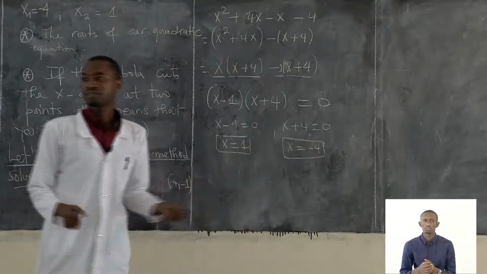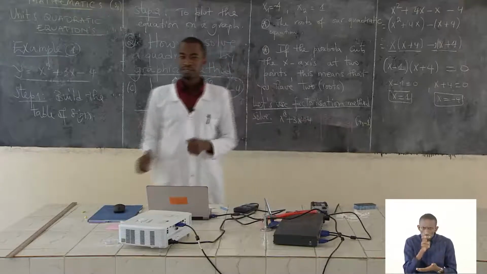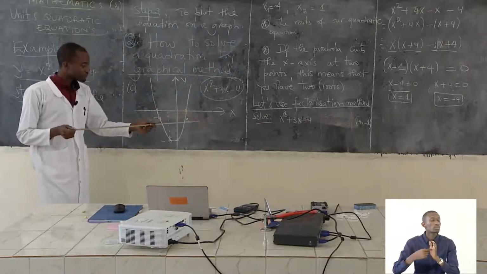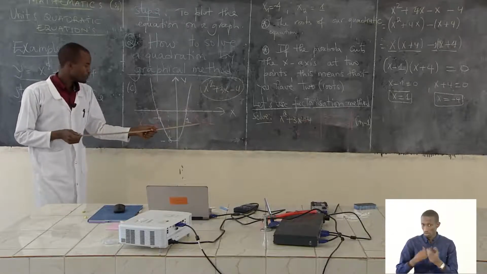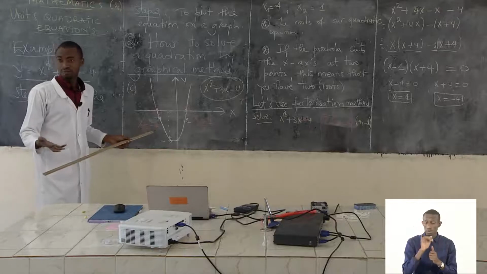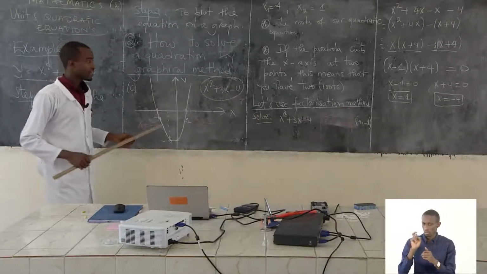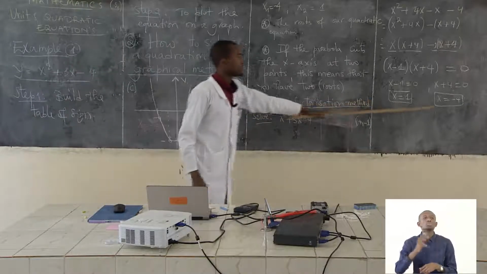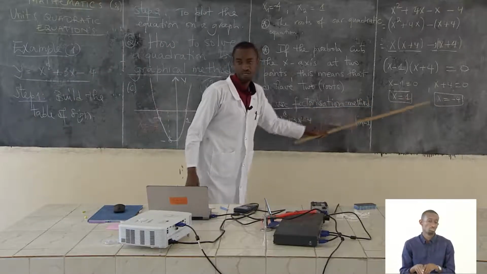Do you observe this, students? It means from our first example we had on this graph where x is equal to 1 and where x is equal to negative 4 when you use the graphical method. And you are getting the same answer if you use the factorization method.